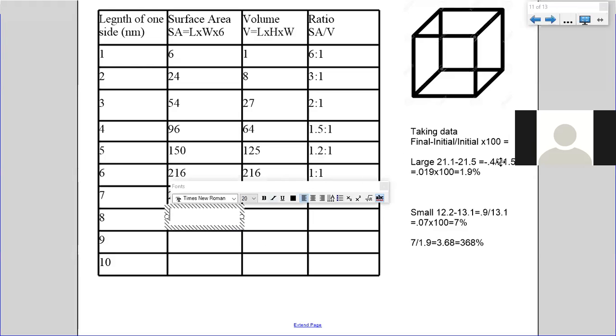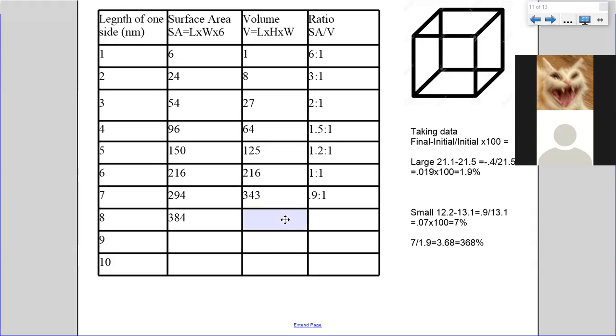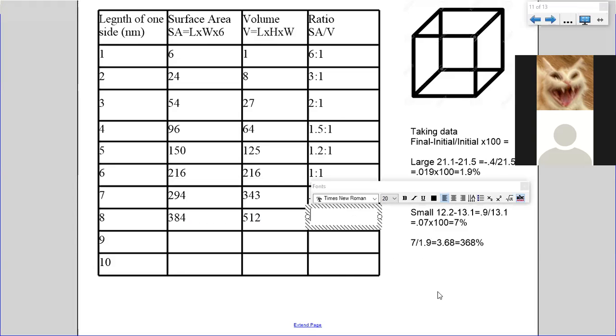8. Let's go to 8. That's going to be Dylan. Okay, so it's 384. 384. 512. 512. And what's the ratio? I said 0.75.